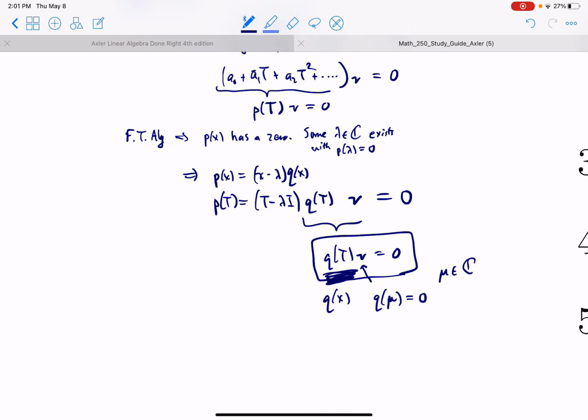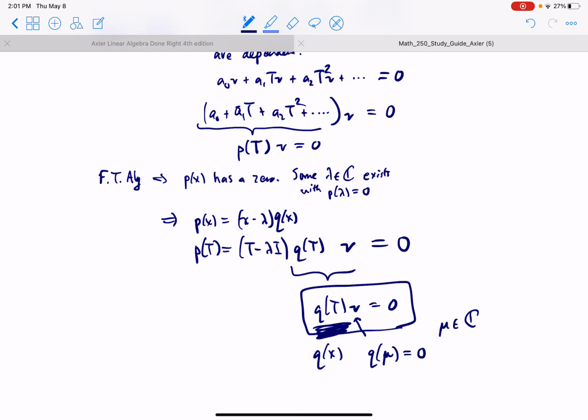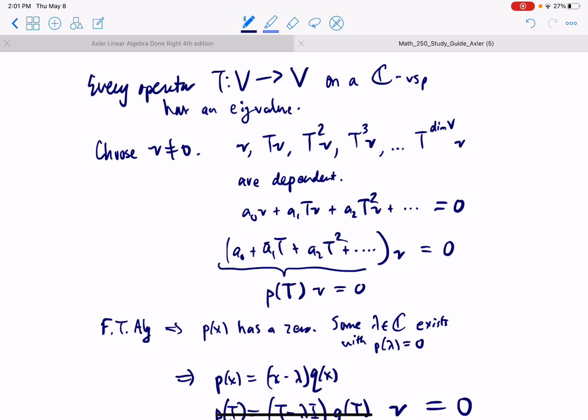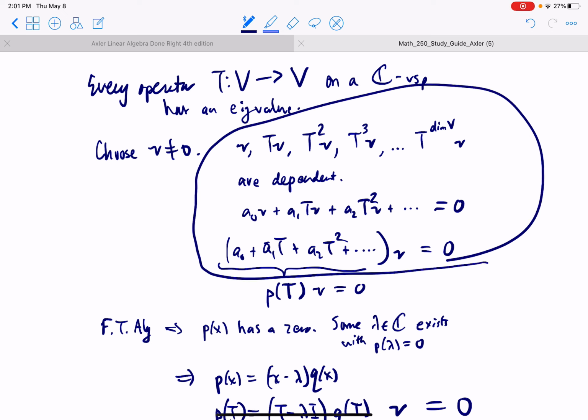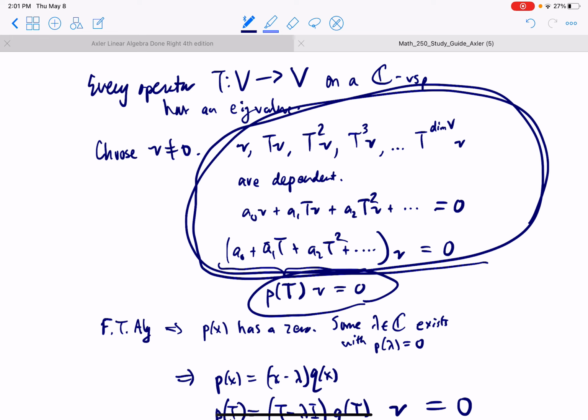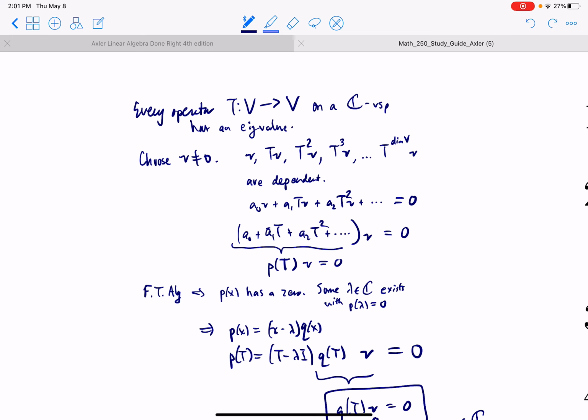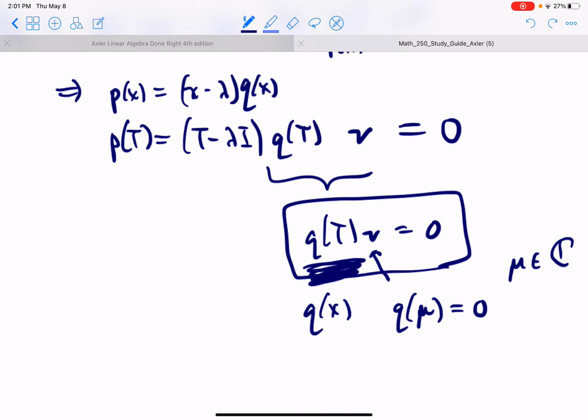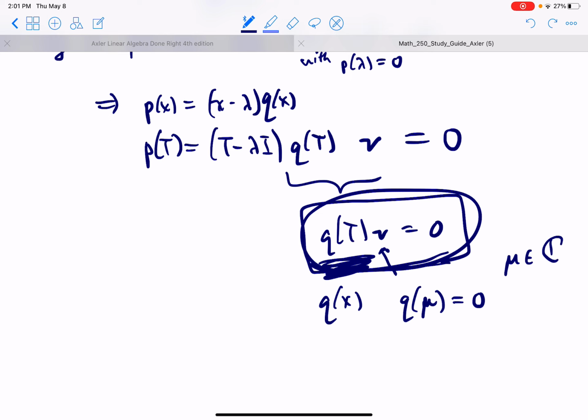So what your book does is it says, okay, when we take this original polynomial that we know exists, some polynomial exists such that p of T v is 0. So let's just choose it of minimal possible degree. Then this can't be 0 because q has smaller degree.